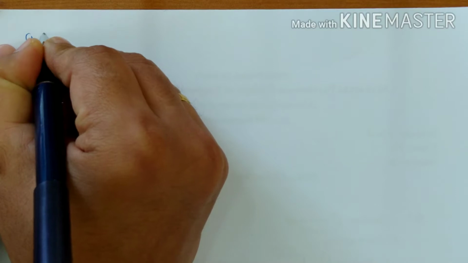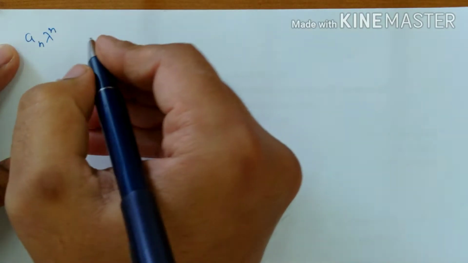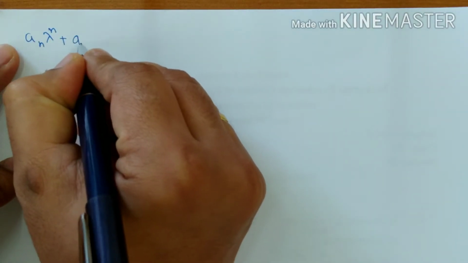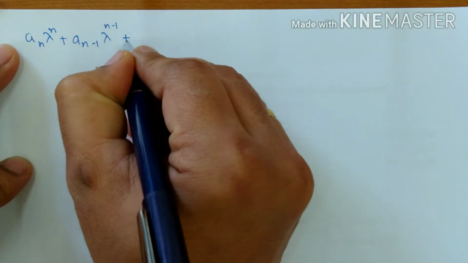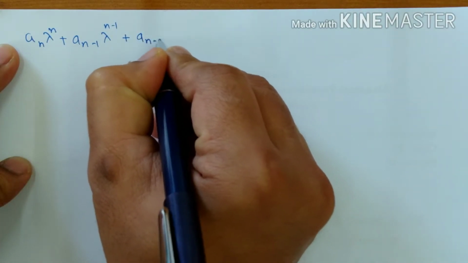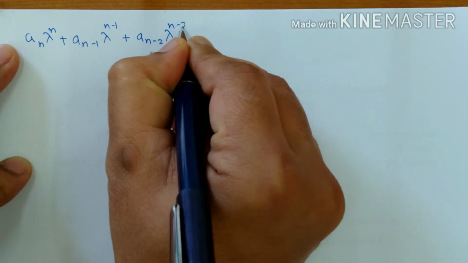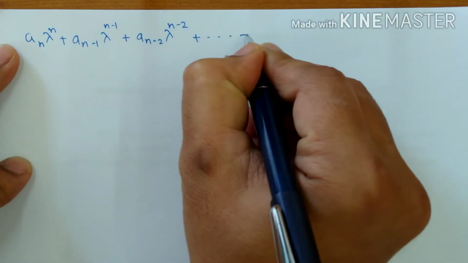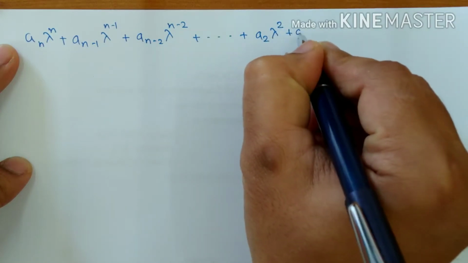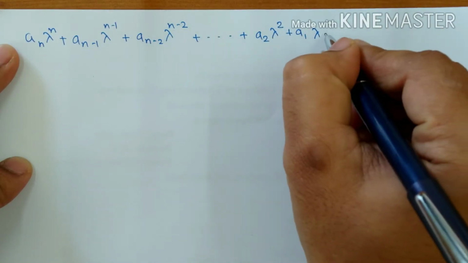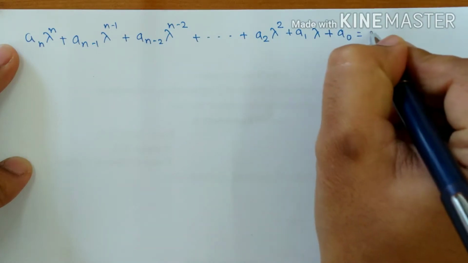Suppose your matrix A has the characteristic equation given by a_n lambda raised to n plus a_(n-1) into lambda raised to n minus 1 plus a_(n-2) into lambda raised to n minus 2 and so on, plus a2 into lambda square plus a1 into lambda plus a naught is equal to 0.